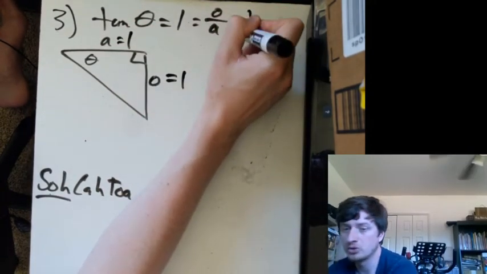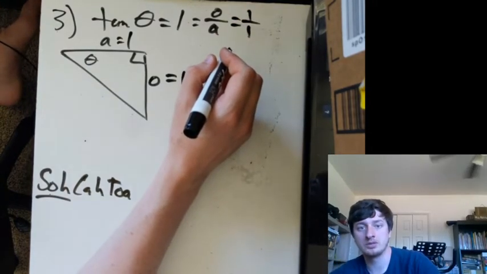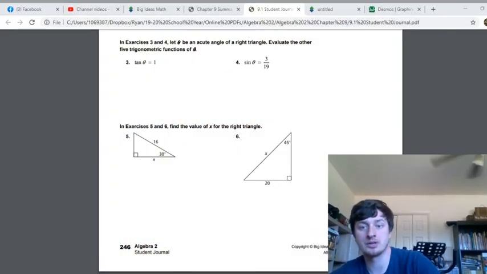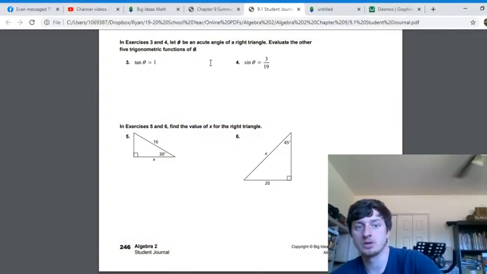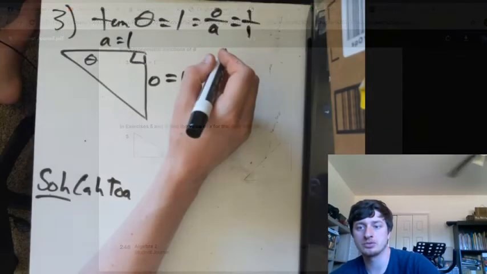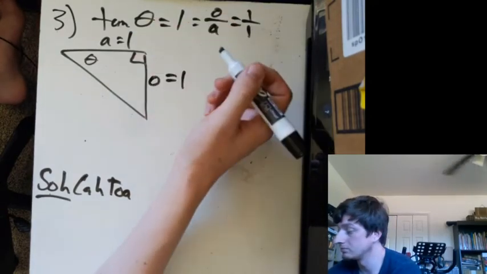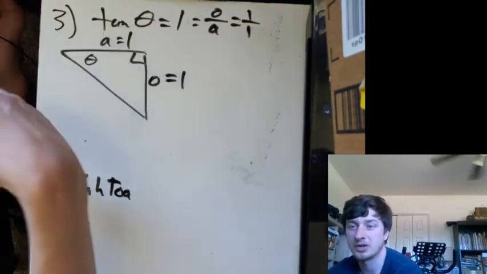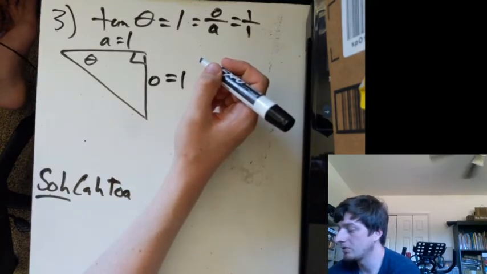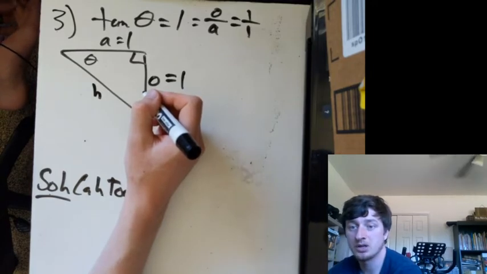You could have picked 2 over 2, 3 over 3, 4 over 4. They would all give you the same ratios, right? Because when we simplify them to find the other ratios, they'll simplify to the simplest thing. If we have bigger numbers here, they'll still simplify small. So now we need to find just the hypotenuse, and then we can write all the functions again.